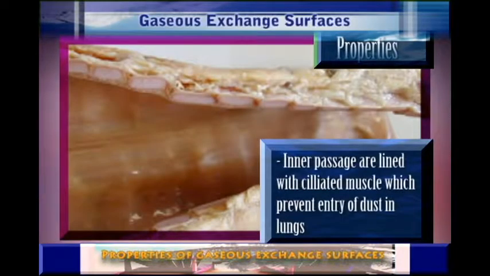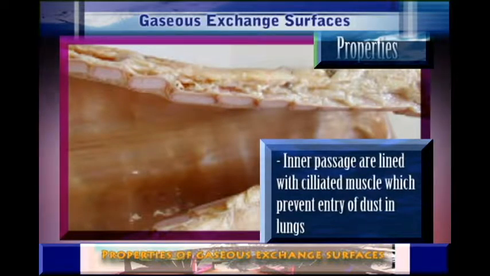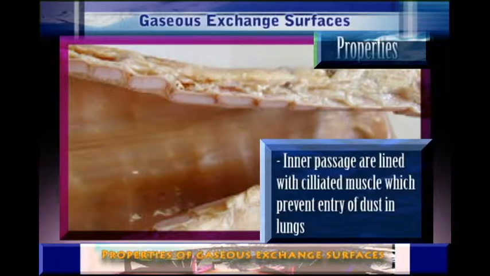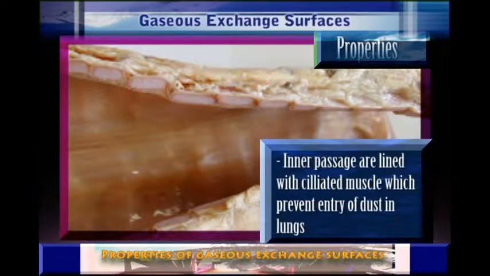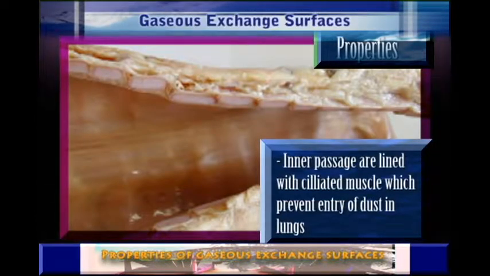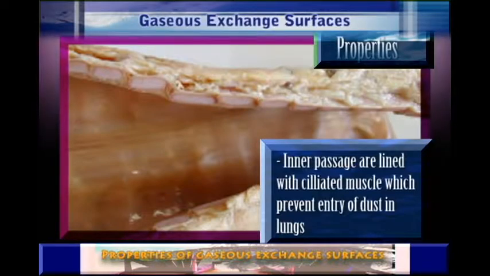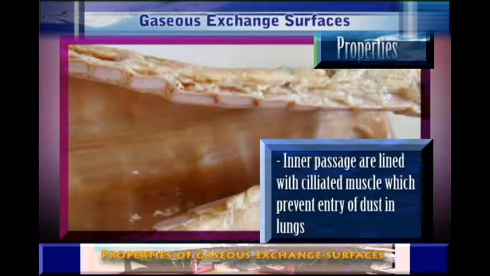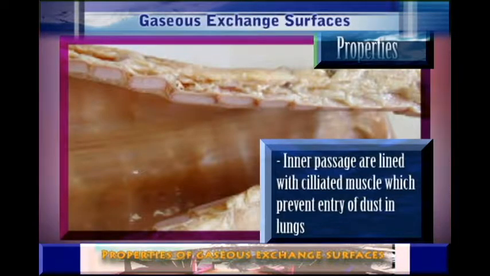Now the inner passage is lined with the mucous membrane, and the inner passage also has cilia. These prevent the entry of dust into the lungs.